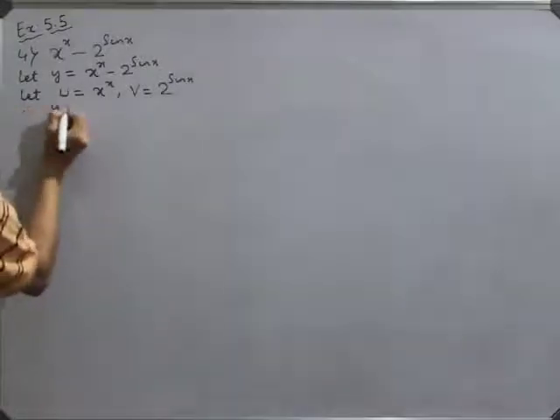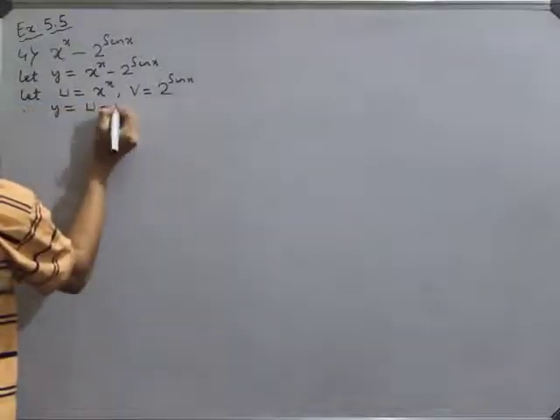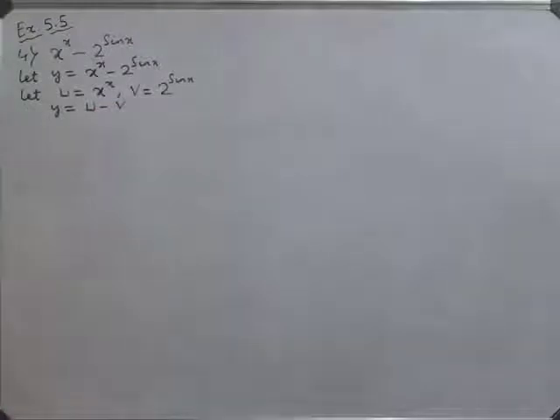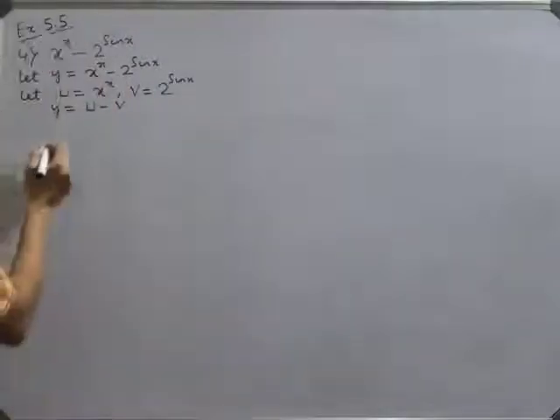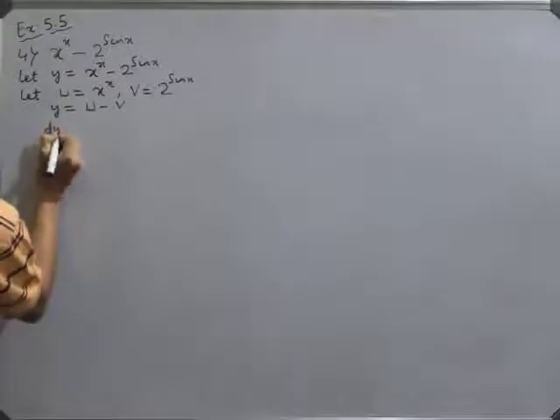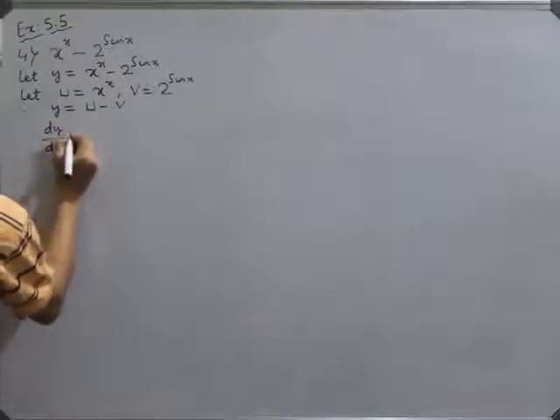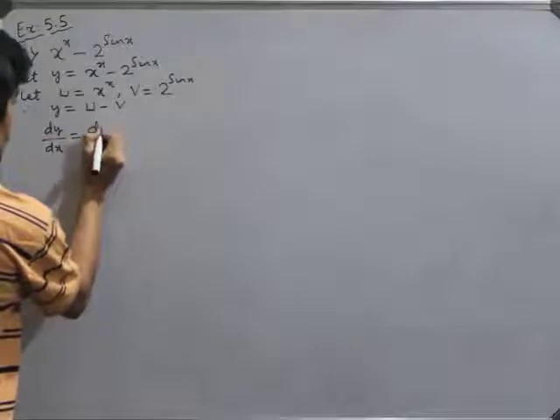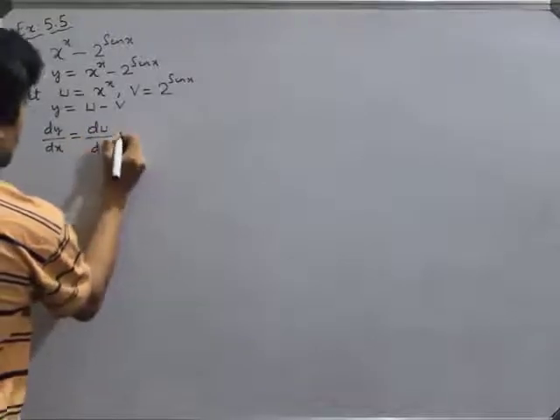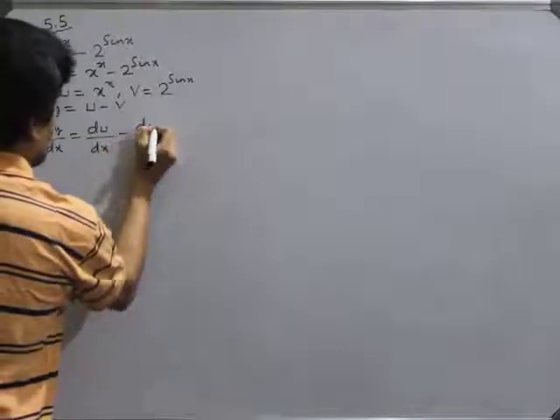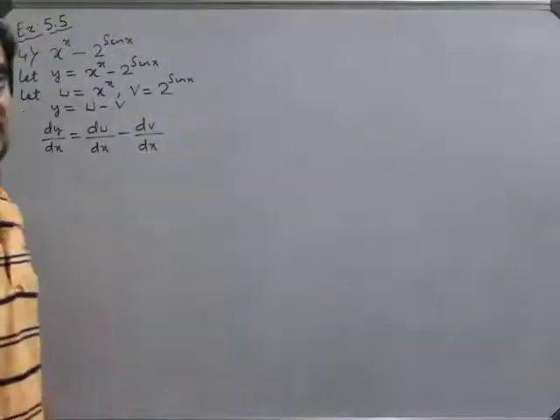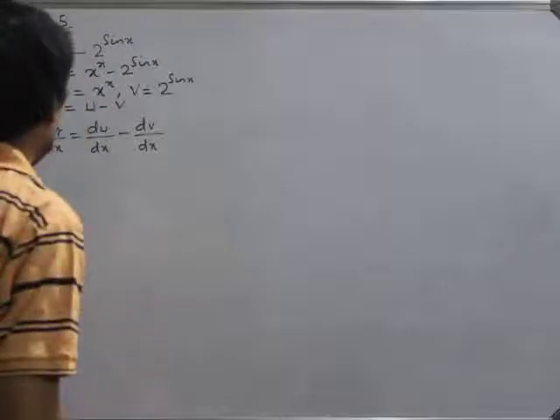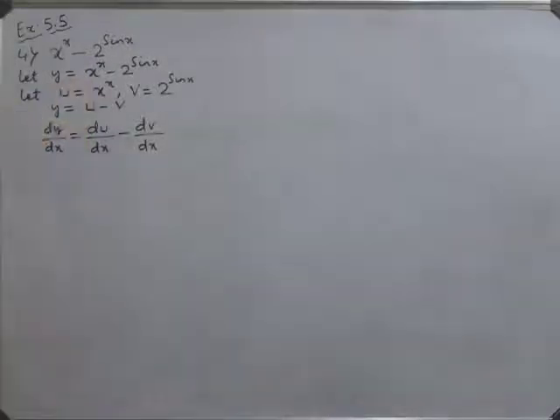Therefore, y is equal to u minus v, and dy by dx is equal to differentiation of u minus differentiation of v, that is du by dx minus dv by dx. So according to this, let us differentiate.